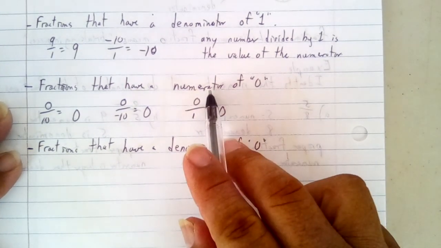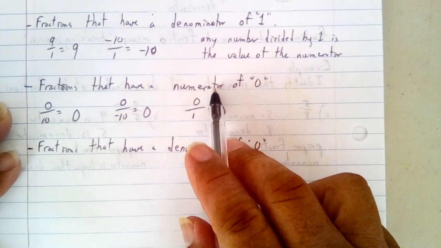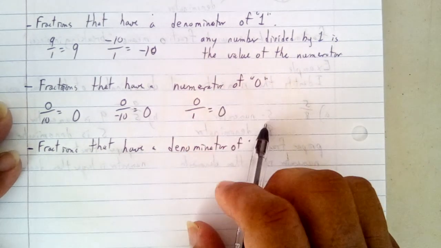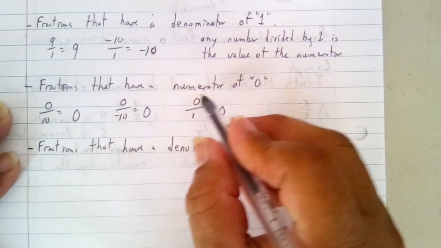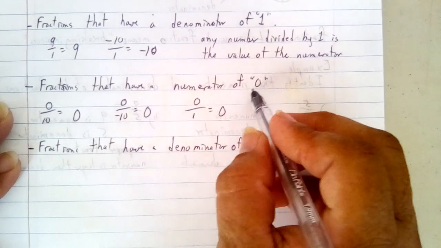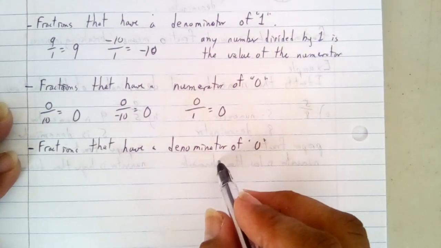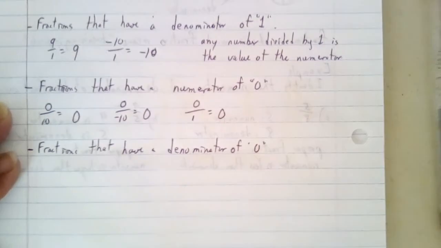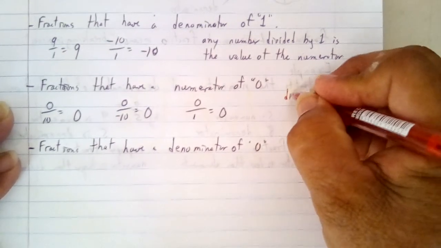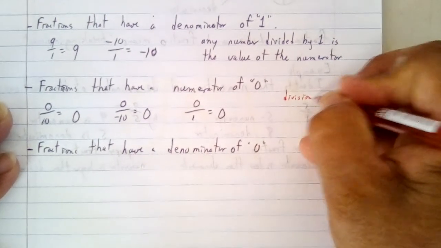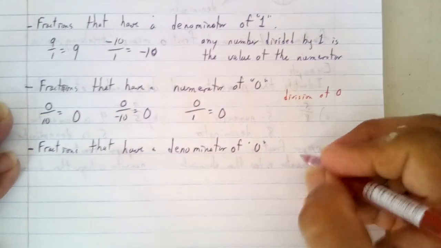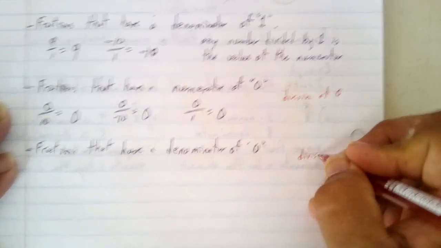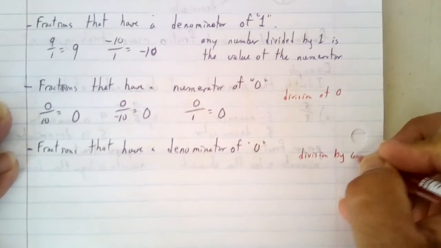This is division of 0, and this is division by 0.